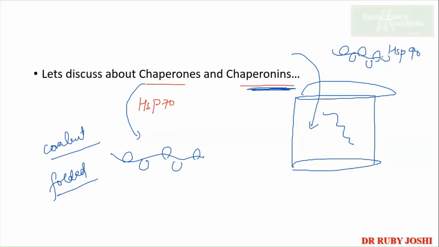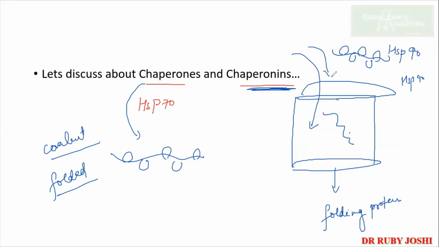So these HSP90 make sure that the unfolded proteins remain in the unfolded form. So that will be taken inside this chaperonin, where HSP90 will remain outside and only the polypeptide chain will go. Now this will go under certain modifications which eventually result in the proper folding of the protein. So it provides an environment inside which the single polypeptide chain gets folded properly.